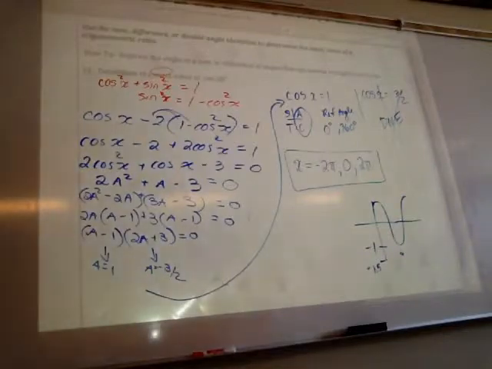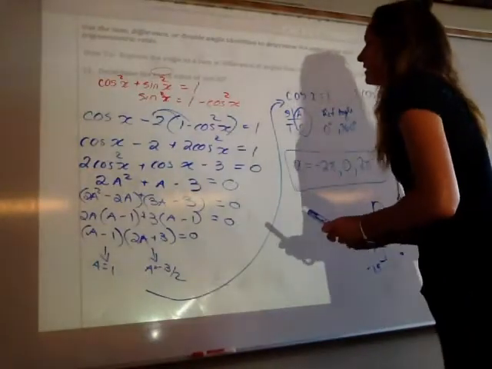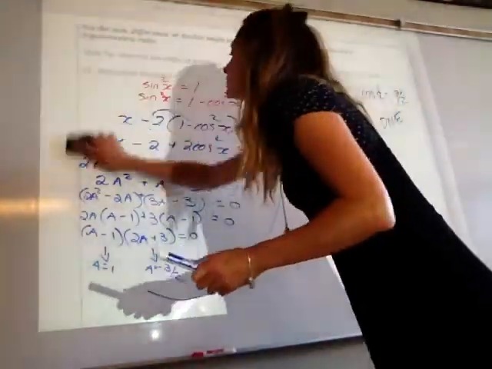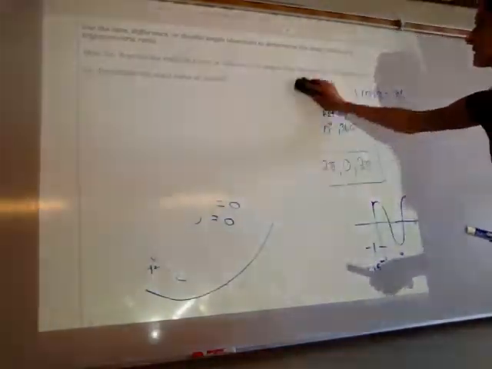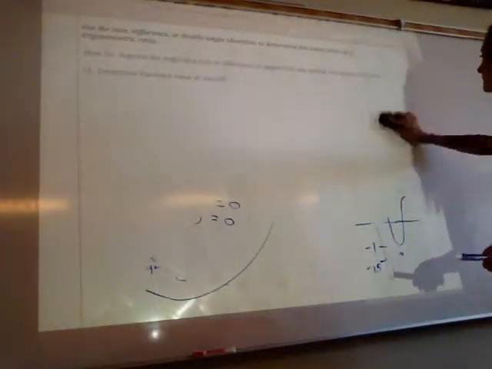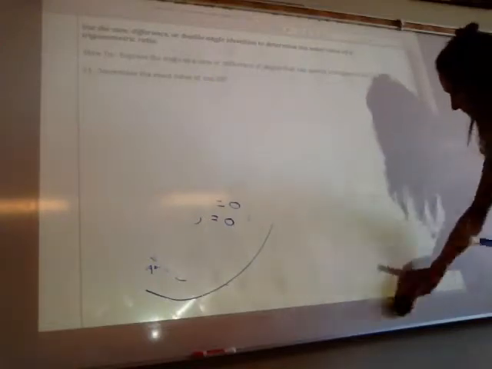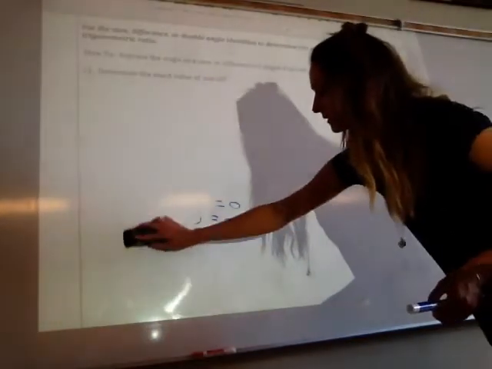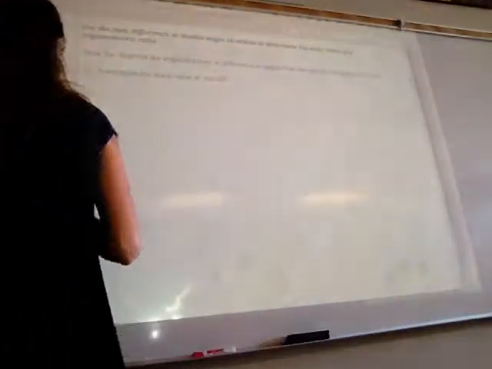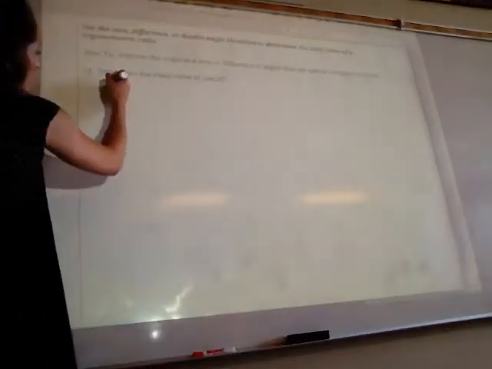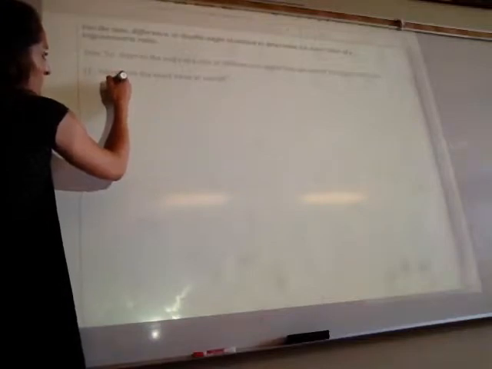Okay, and last question, we're going to use the sum and difference identity to determine the exact value of cosine 165. So I'll just remind you of the sum identity for cosine.